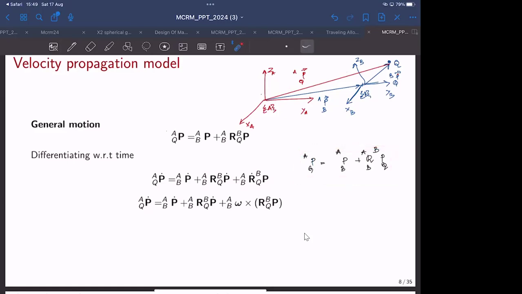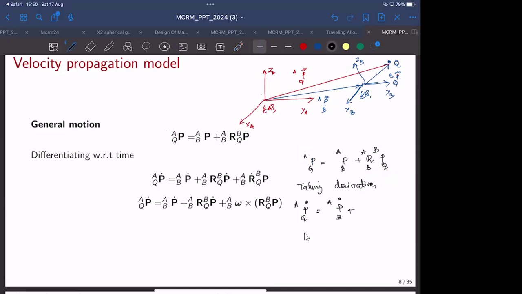And now if you want to find out the velocities, you have to take the derivative of this equation, right? You have to take the derivative of that equation with respect to time. So what will happen? Taking the derivative of the position vector of Q with respect to A, for the second term you will have to apply the chain rule, right?